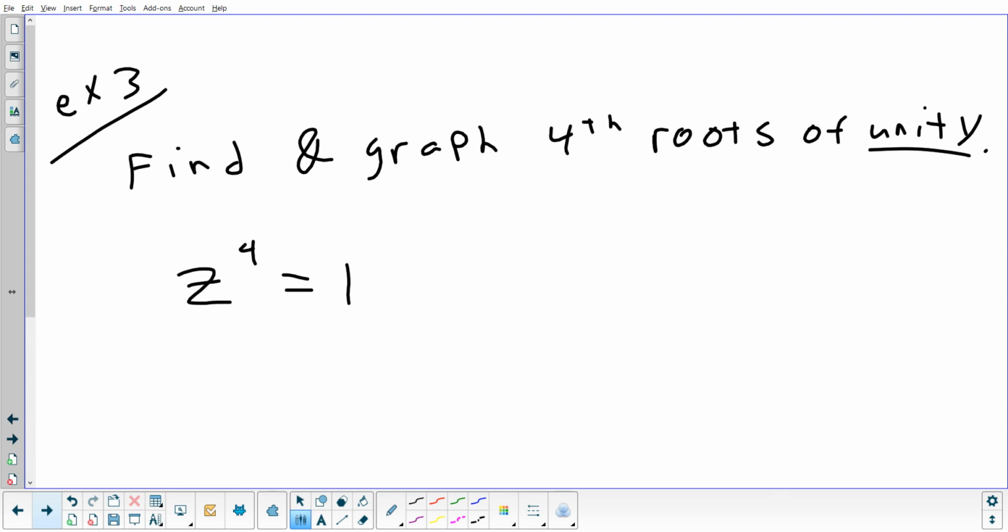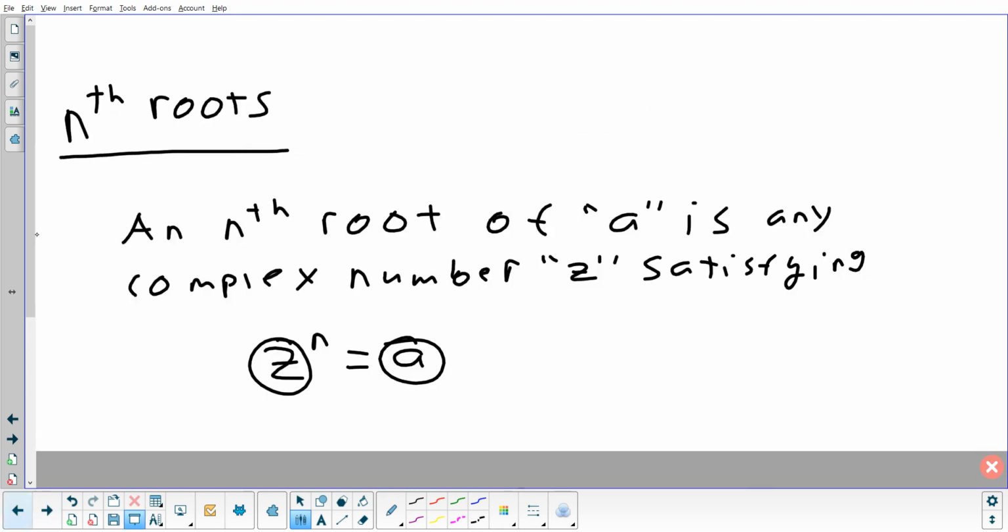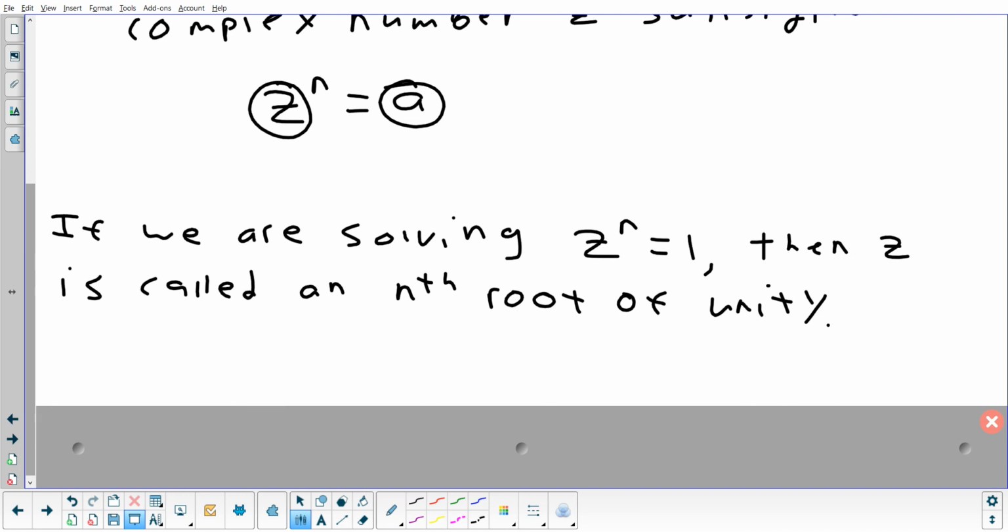But anytime you see find the whatever root of 1, they're going to replace the word 1 with unity. I don't know, that's just what they do. So if you see a question that says find the fifth roots of unity, it just means find all the fifth roots of 1. And remember, you're looking for 5 answers. Okay, 5 different answers.